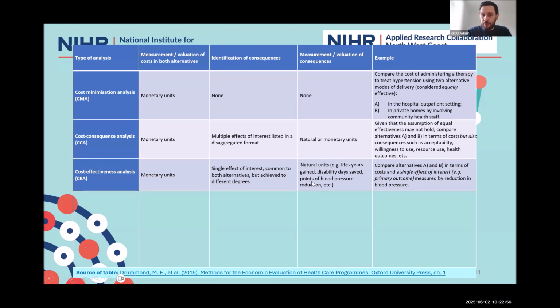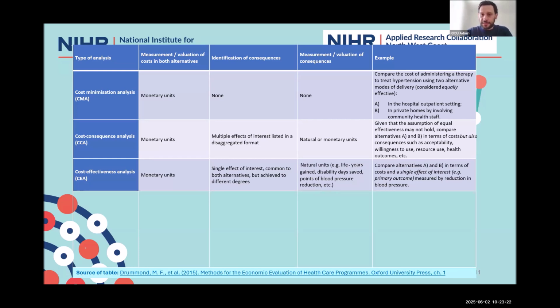We've got points of blood pressure reduction, but it could be disability days saved, life years gained, or for example, if you're looking at a diagnostic test, number of tests you're going to use, or number of people screened, and so on. Or also things like hospitalization averted, for example. That's another outcome you could look at.